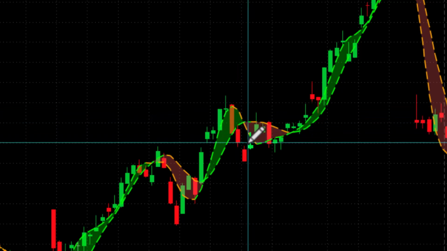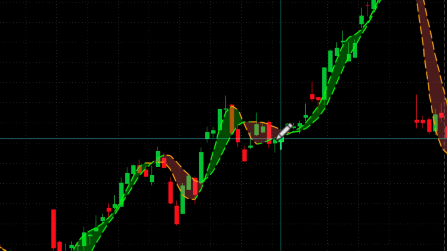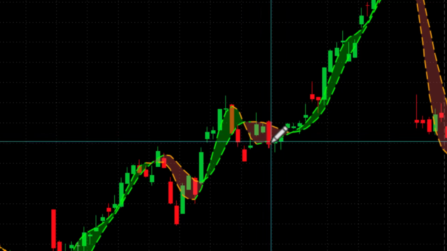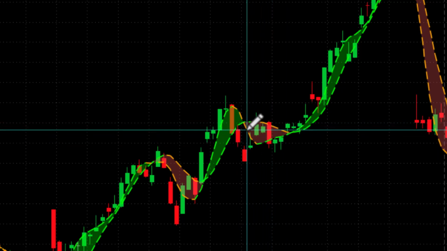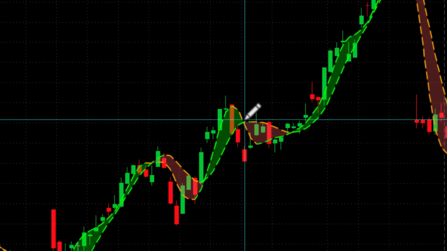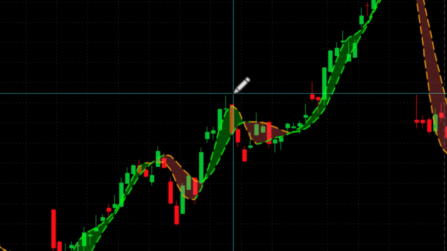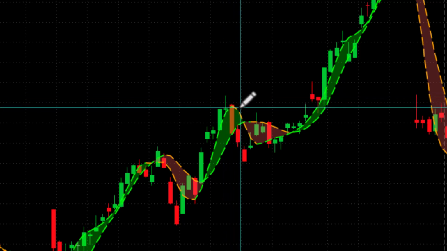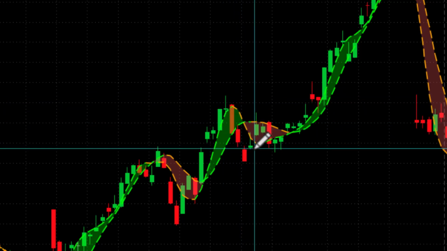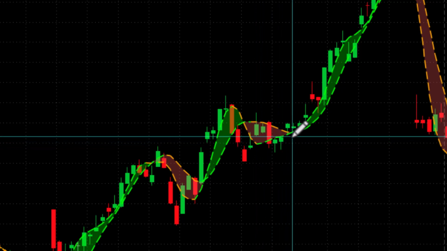You can kind of look at it and see us going up and down. But the significance is that when the trend goes down, the posture of the moving average goes bearish, and when it turns up, the posture goes up.